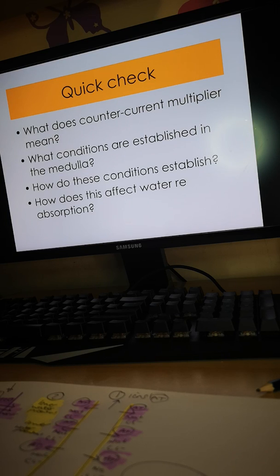How does that affect water reabsorption? As we said before, it ensures there is always a lower water potential in the medulla than the filtrate of the descending limb. Therefore, water moves out by osmosis all the way down the descending limb. So you'll get maximum water reabsorption.